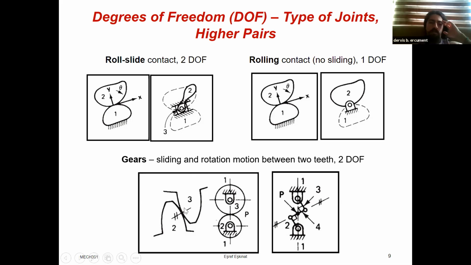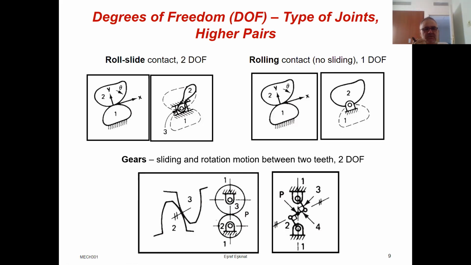But Hocam, aren't the sliding and the rotation dependent on each other? Well, if they are not constrained with those 2 revolute joints, no. You see, it is the revolute joints that make them dependent on each other.